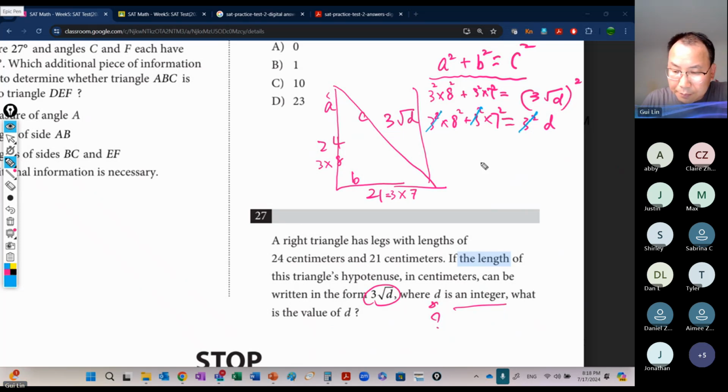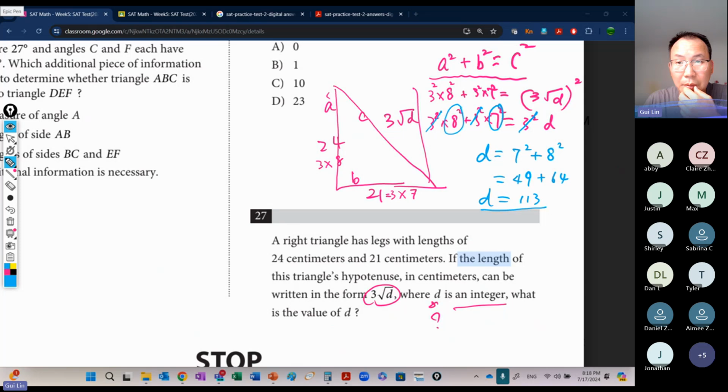So d equals what? 7 squared plus 8 squared. Is it correct? Okay, so d equals 113.